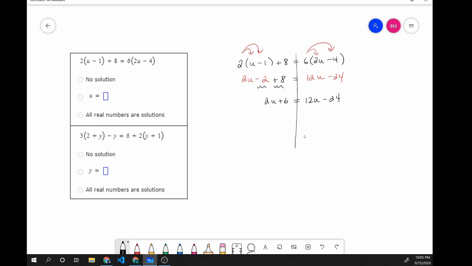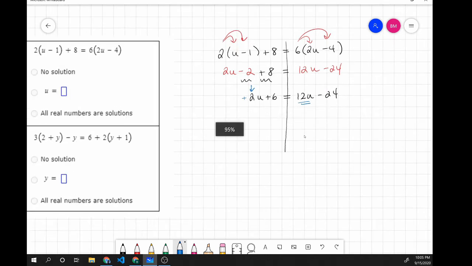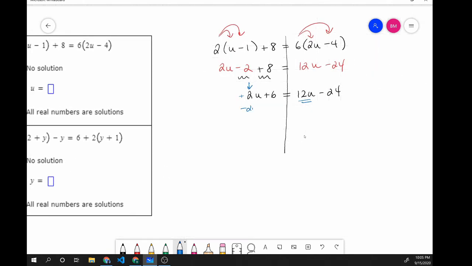Now, if I pick a side for my variables, I'm going to pick the right-hand side. So I want all my variables on this side, which means this 2 has to be moved. So I'm going to subtract 2u from both sides. Those cancel out, so I have 6 is equal to 10u minus 24.